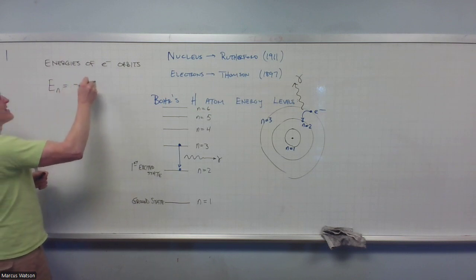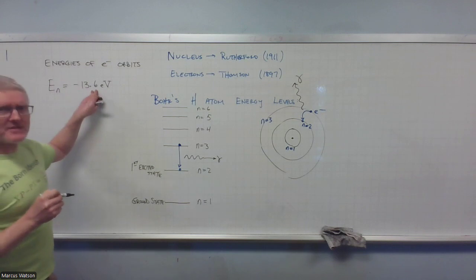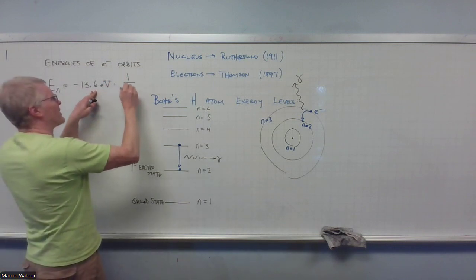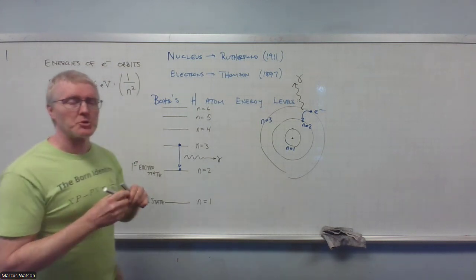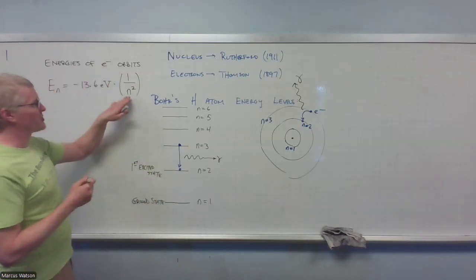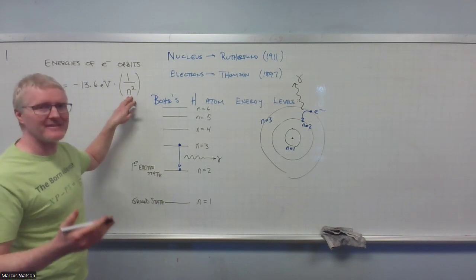The energies were this number multiplied by 1 divided by n squared. And therefore, a transition between the two energy levels would require two of these indices, right?